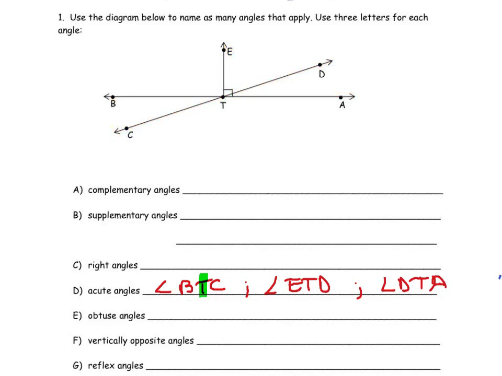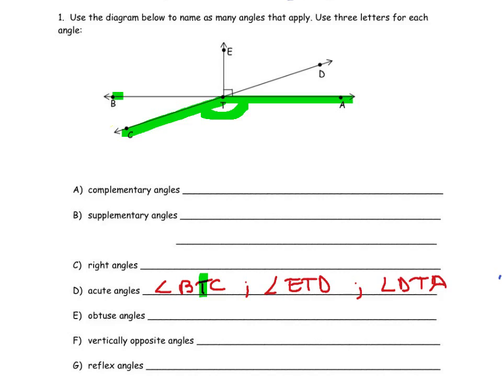Okay, now we're going to do the obtuse angles. And the obtuse angles are the angles that are greater than 90, but less than 180. So here's one. From C to T, T to A, that angle in there is an obtuse angle.